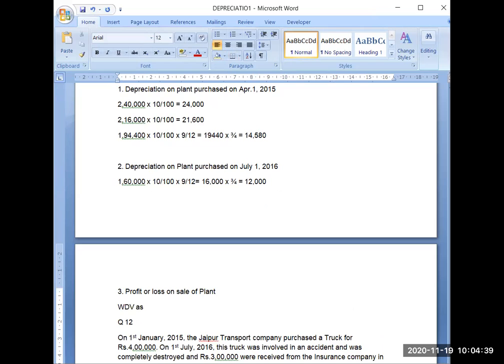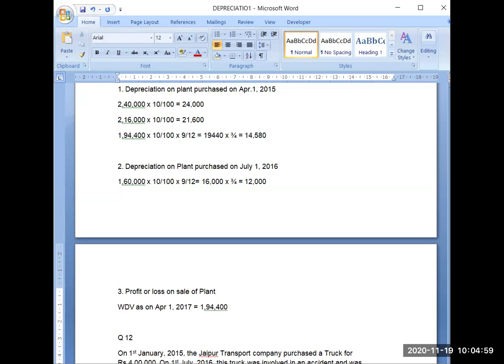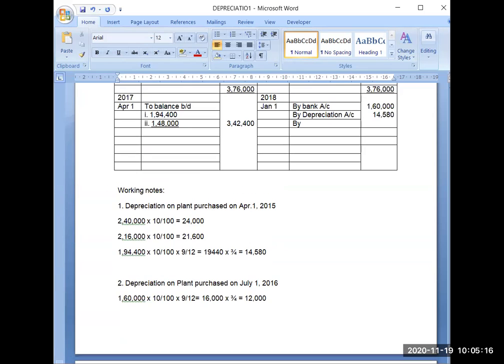WDV on April 1, 2017 is equal to 1,94,400 less depreciation is equal to 14,580.